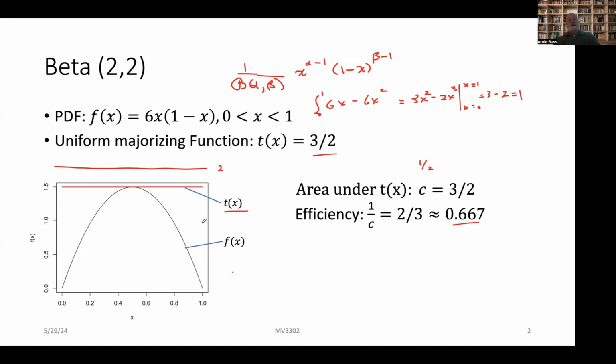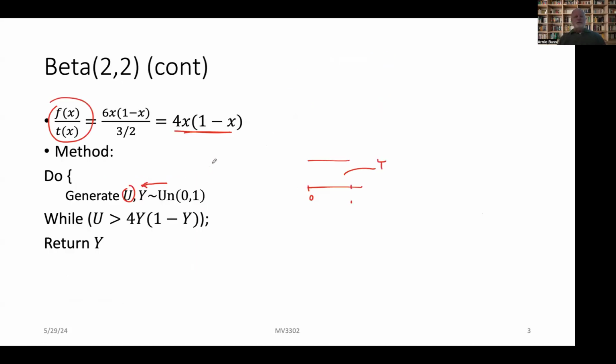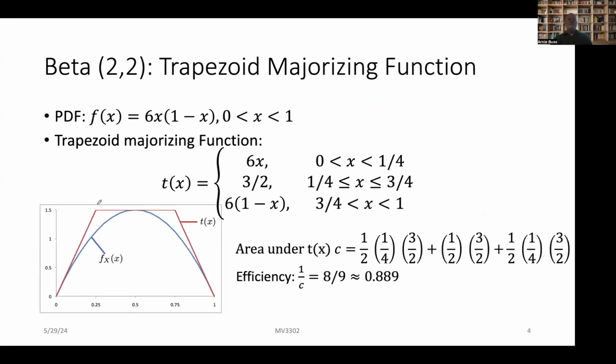And so, one of the things that comes to mind is what is the cause of the relative inefficiency? It's all these places in here where our rough cut is not closer in matching the density that we want. And so one solution to that in this particular case is to choose a trapezoid majorizing function, which, as you can see, more closely resembles the shape of the PDF we want.